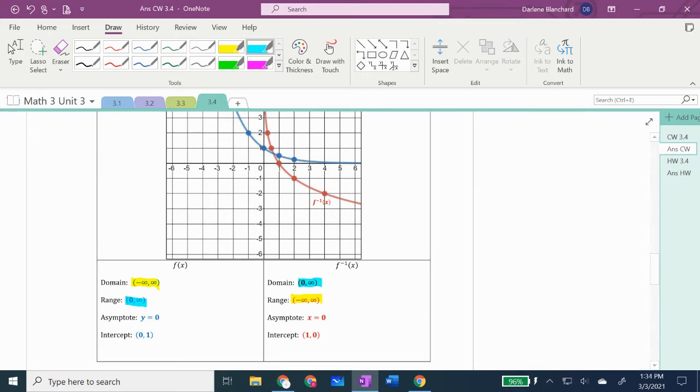The asymptotes, you have a horizontal asymptote of y equals 0 for the exponential blue graph, but you have a vertical asymptote of x equals 0 for the red logarithm graph. Their intercepts swap x and y, so you will notice that their intercepts are, for the exponential function, a y-intercept of 1, for the logarithm, an x-intercept of 1.